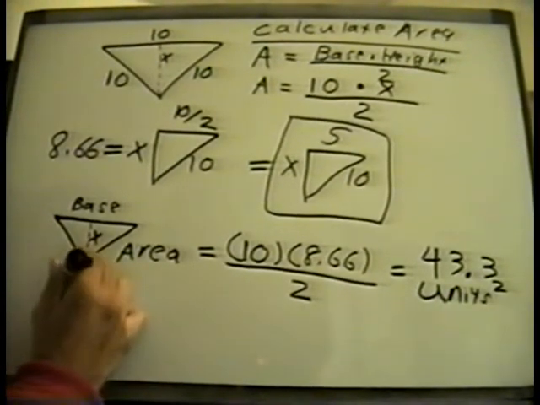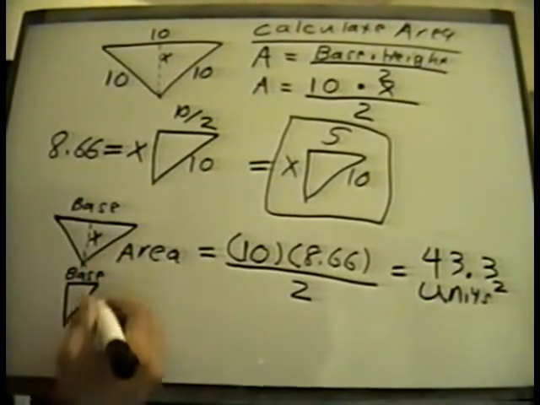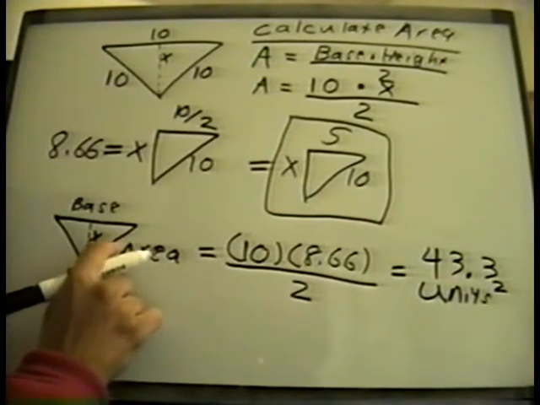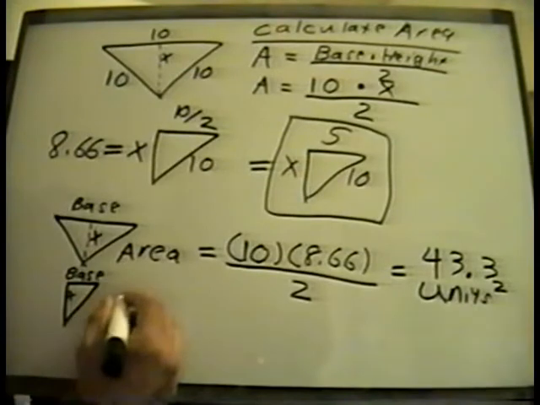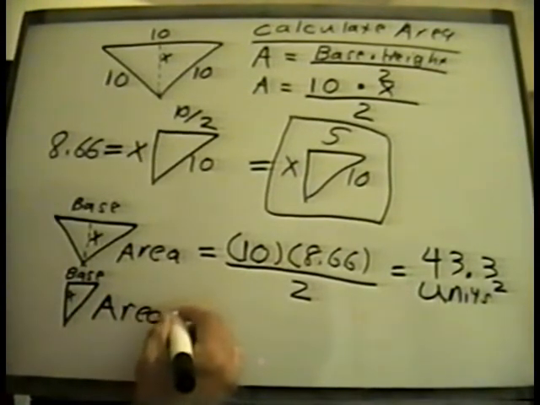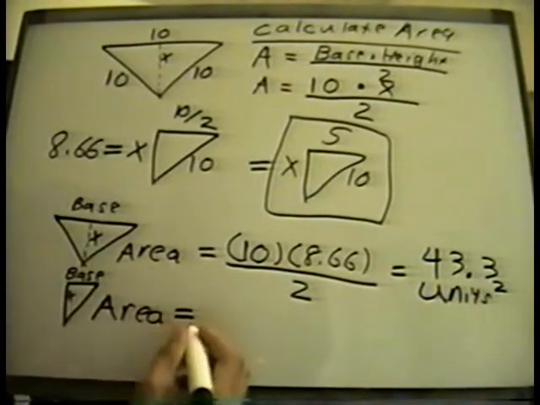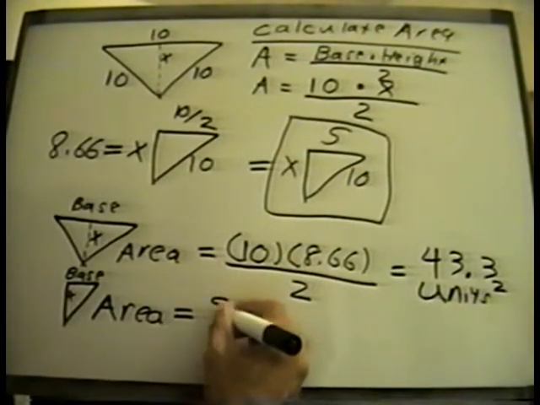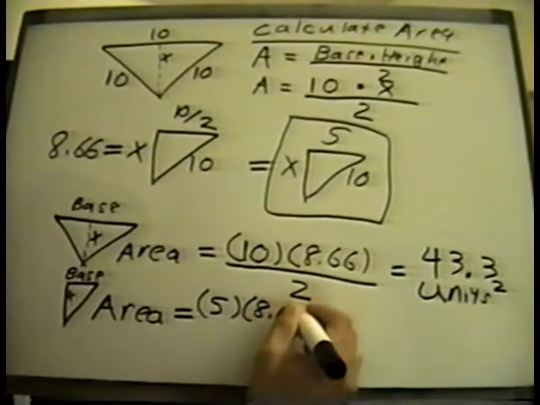If you want to calculate the area of half of it, which would be this right triangle, its base is half of the other triangle's base, but it has the same height. You don't focus on the hypotenuse of a triangle to calculate its area. Only the base and the height.